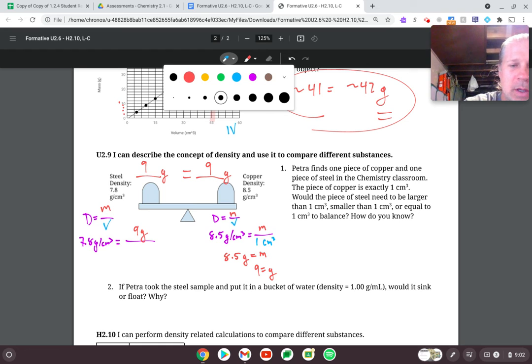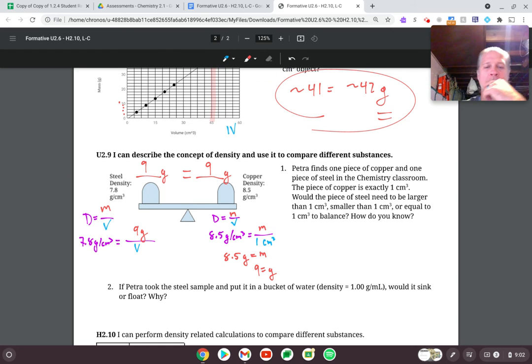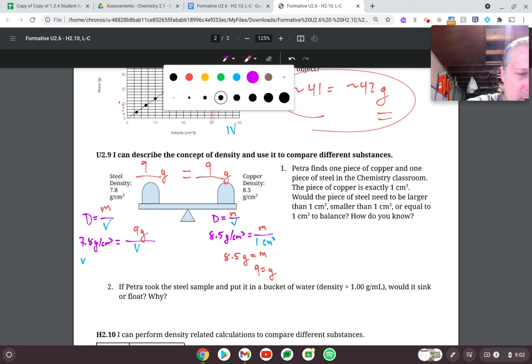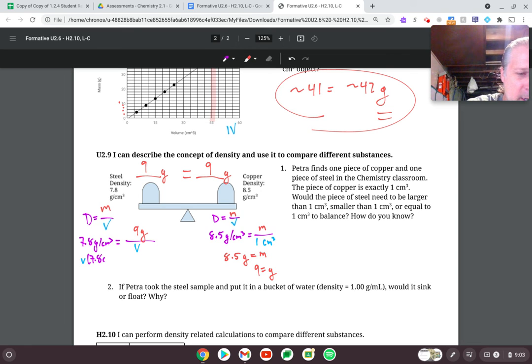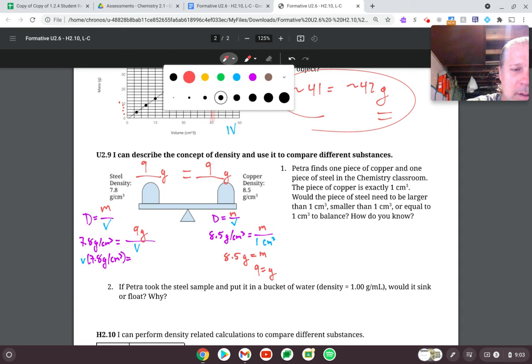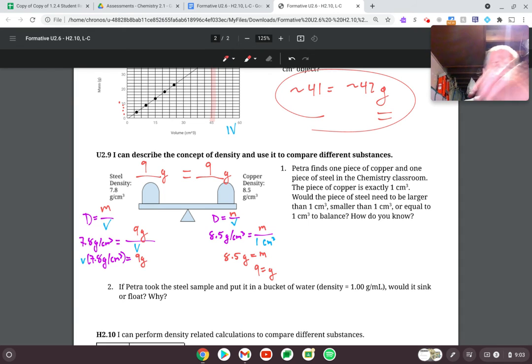And the volume is what we need to figure out here. So we're going to multiply both sides by volume. That gives me a final setup, which is volume times 7.8 grams per cubic centimeter equals 9 grams. So I'm going to divide both sides by 7.8.